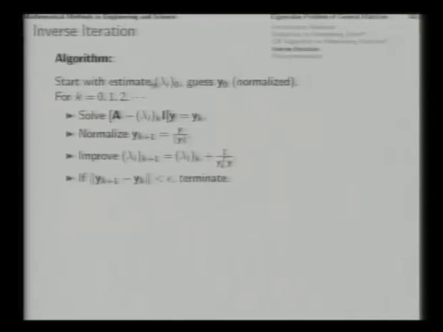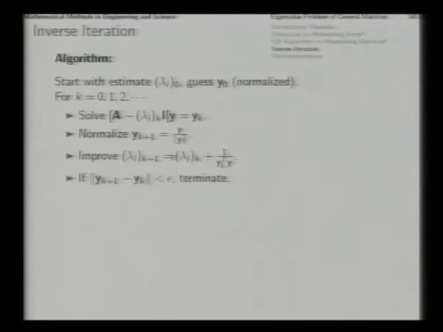The algorithm is: start with an estimated eigenvalue and a guess y 0, which is normalized with magnitude 1, and then in every iteration you solve the system, find and normalize the next y. In place of y 0, it will then be y 1, y 2, y 3 and so on, next vectors to be used here in this system.